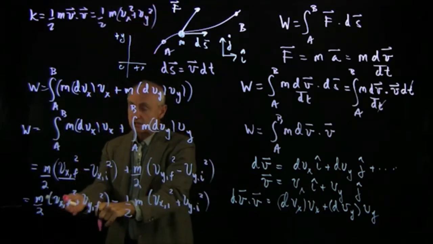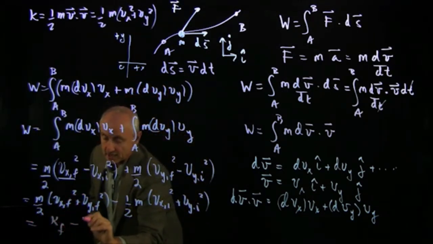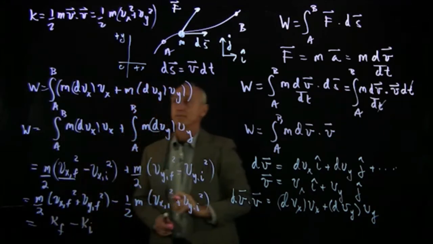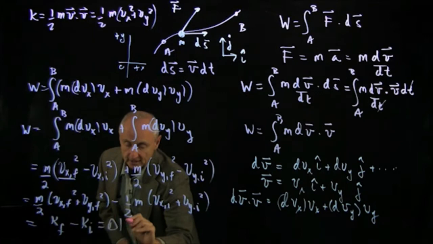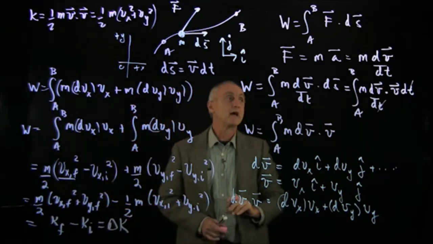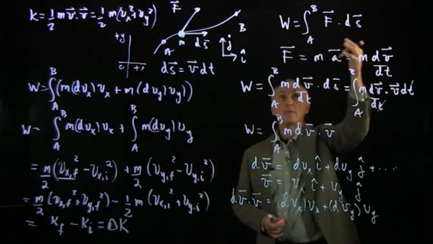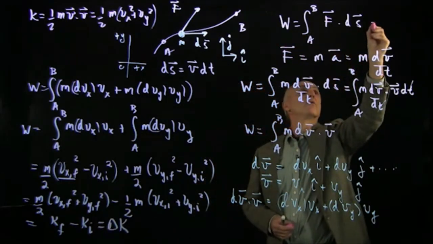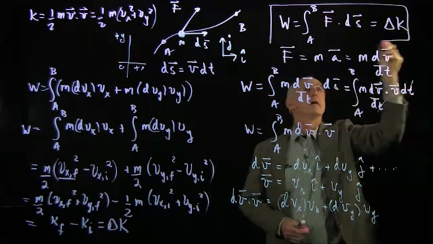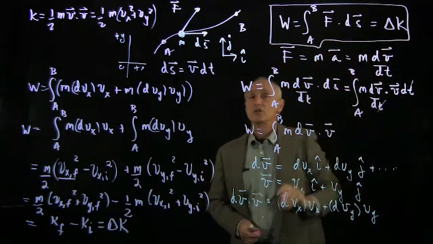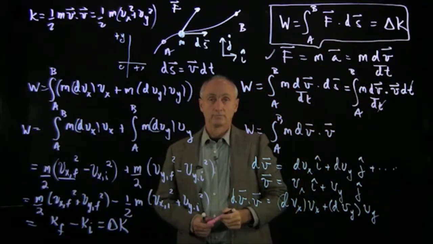And so we see that this is just the final kinetic energy minus the initial kinetic energy. And so we can call that delta K. And what we have now is the work-energy theorem. And I'll come back to my original statement that the work is equal to the change in kinetic energy. And this is a combination of our definition of work and Newton's second law.